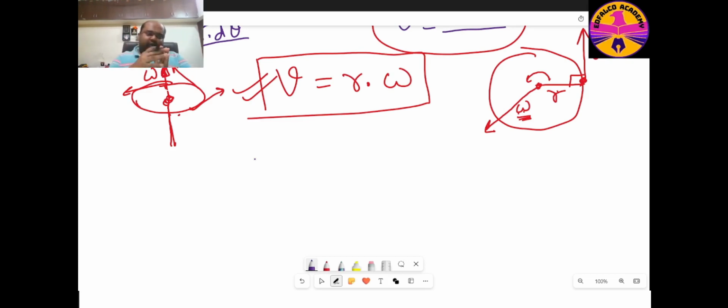Now, in case of a vector, if there is either a change of magnitude or a change of direction, acceleration will happen, because the acceleration vector is equal to the rate of change of the velocity vector.